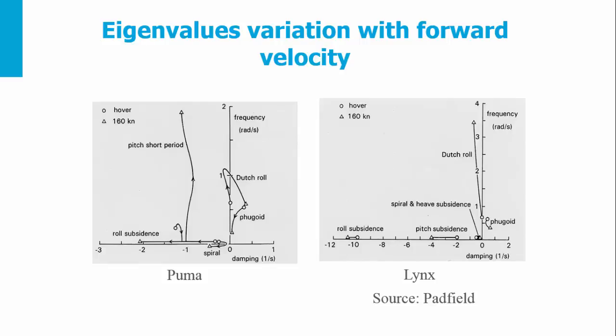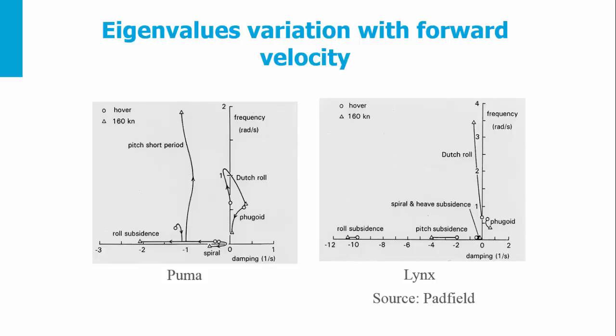The phugoid is going from hover to 160 knots, so you see that the phugoid is on the right-hand side of the graph. The phugoid is an unstable mode. The Dutch roll is unstable in hover, stabilizes somehow and then destabilizes again. You see the pitch, the short period mode.